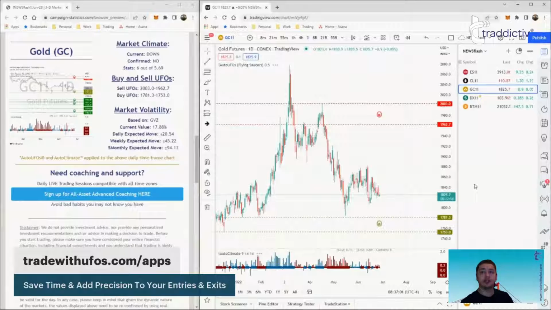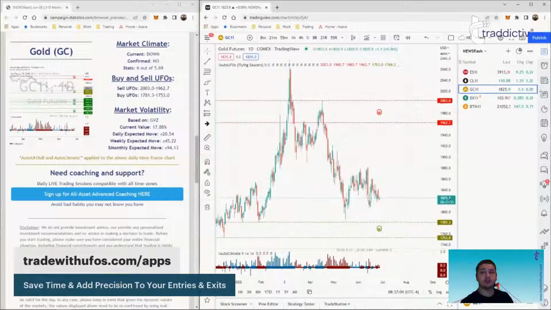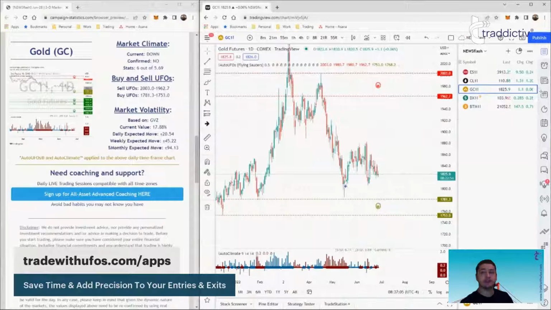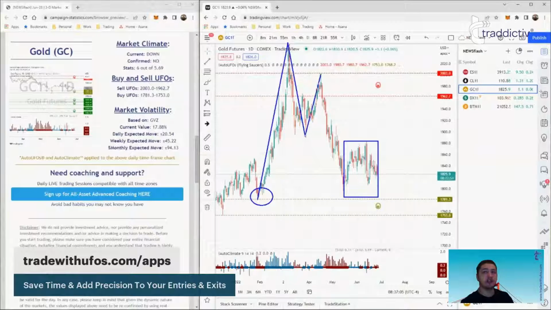Okay, looking at gold next. So gold is still kind of in this range that it's been in for quite some time now, not really choosing a direction per se. As I've mentioned before, gold used to be the go-to place when risk was high, but as we see right now, since the invasion happened, it's pretty much gone all the way down to where it was.